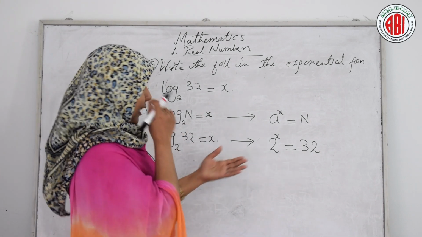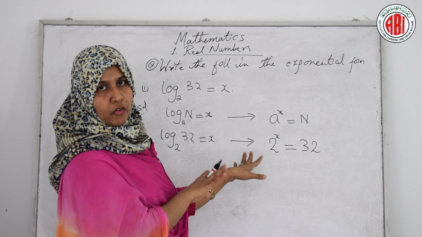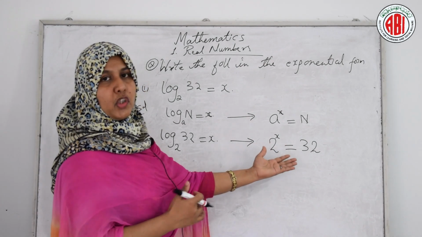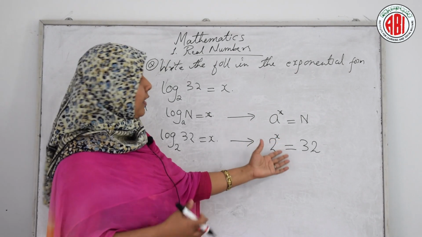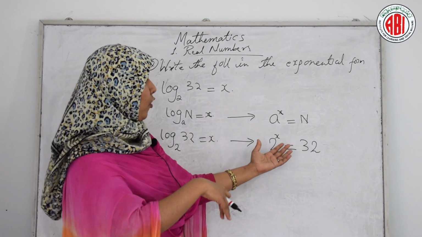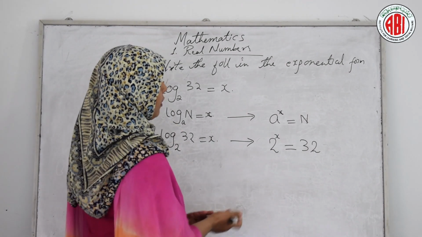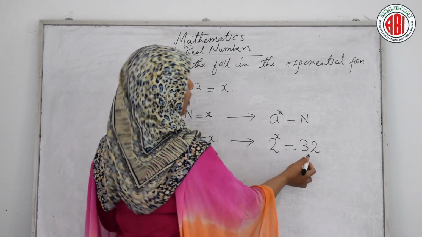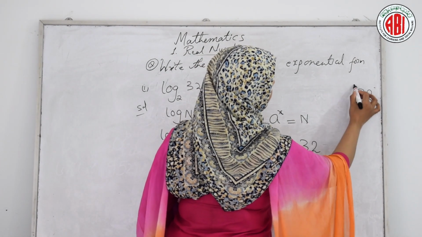After getting this, can we try to get the value of x? We can stop the answer over here. But if it is possible to solve, if the value of x is easier to get, then we have to solve and get the value of x. Now how to solve this? Can we solve? Let us see.